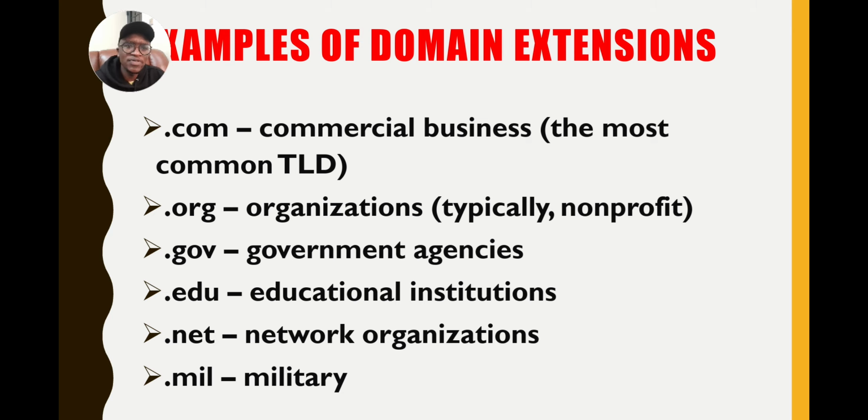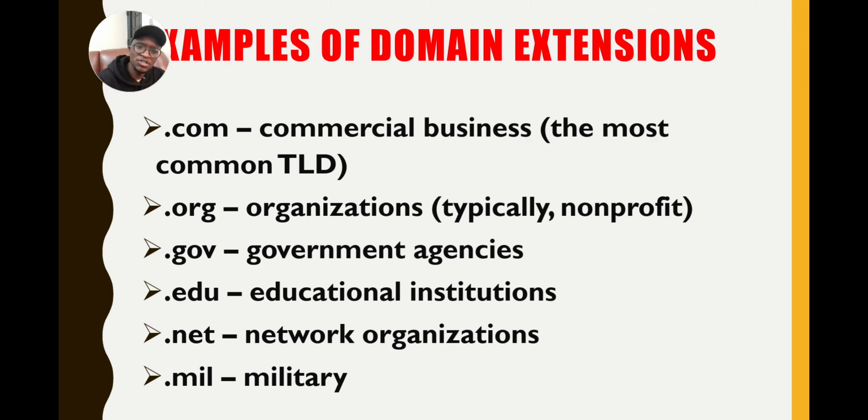Some of the examples of domain extensions include .com, .org, .gov, .co.ke, .me.ke, .ac.ke, .edu, .net, and many others. Each of these represents a given type of business. For example, for commercial businesses, .com and .co.ke are the most common. For organizations, .org.